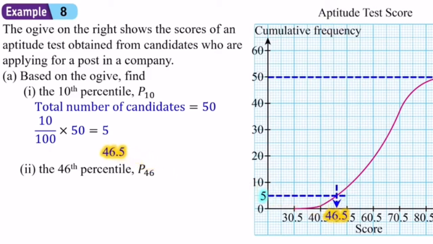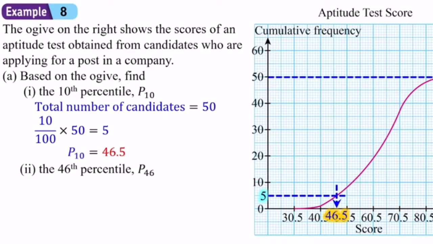As you can see clearly, there are 6 small boxes. So we will take 40.5 plus 6 boxes, meaning 6 times 1. So we have 46.5 for the 10th percentile.